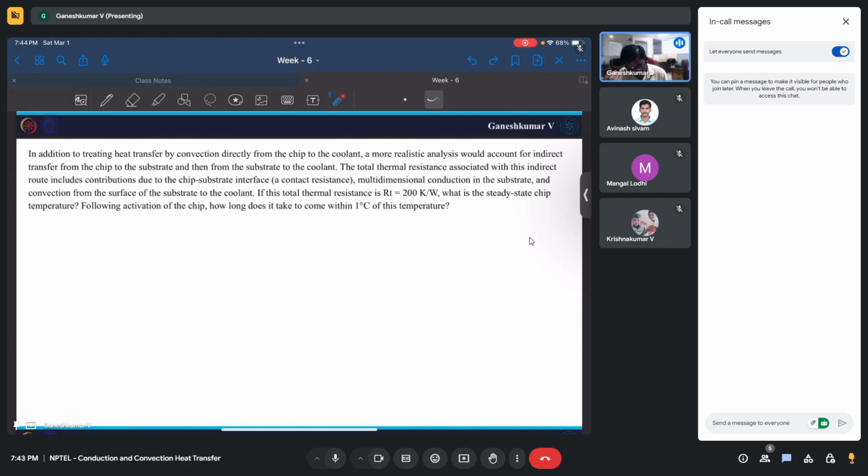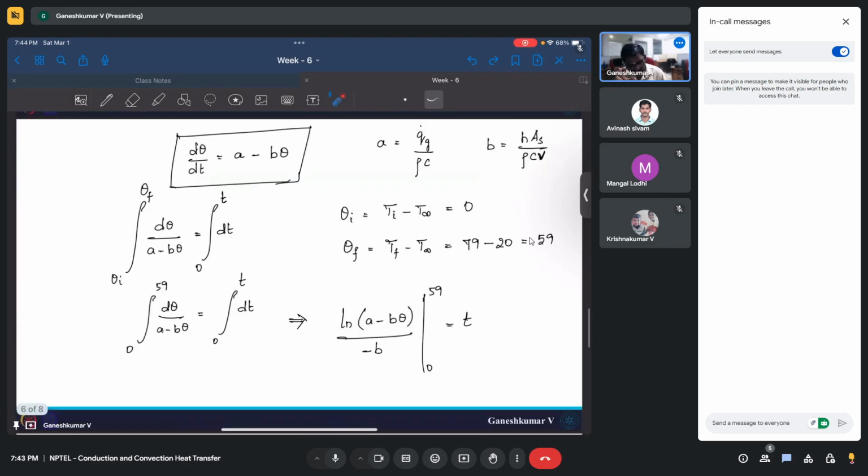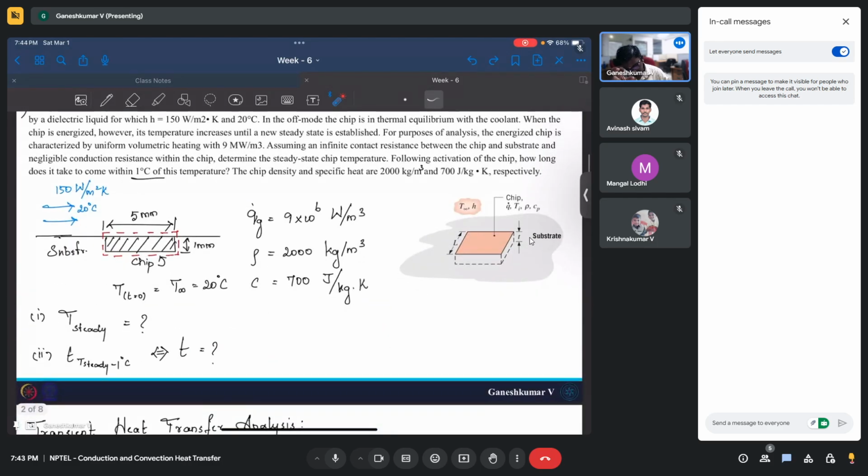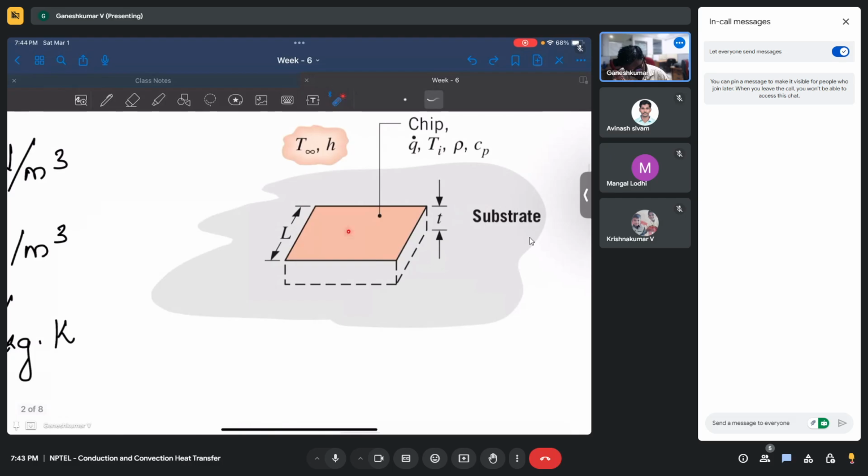And it does not stop there. So this is your chip, and if the chip is getting heated, there is going to be heat conduction to the substrate. In all the four directions, there's going to be heat conduction.